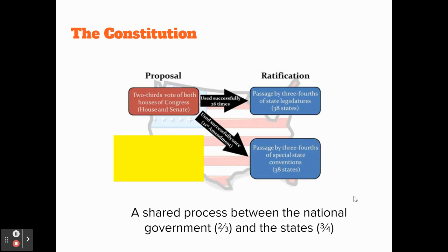Then Congress can decide one of two routes for the amendment to take after that, to officially be ratified or to be officially approved. Again, it's up to Congress to decide which method they want to use. They would have to establish that at the beginning. The two choices are, it can go to the already existing state legislatures, right?